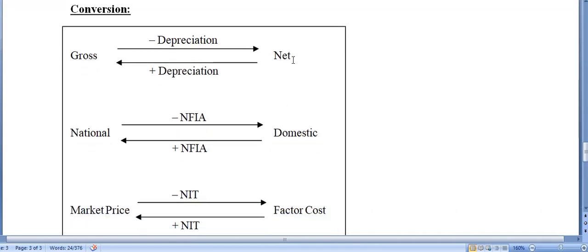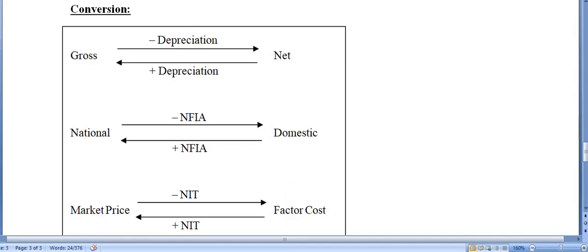If you want to go from gross to net, you have to subtract depreciation; if you want net to gross, add depreciation. Similarly, national to domestic: minus NFIA; domestic to national: plus NFIA; market price to factor cost: minus NIT; factor cost to market price: plus NIT.